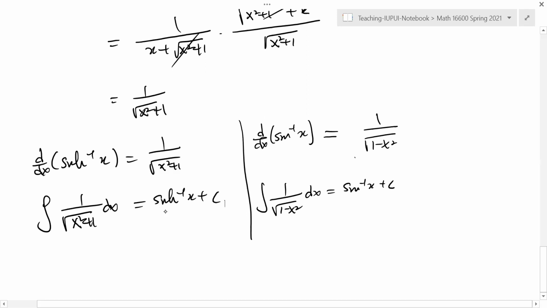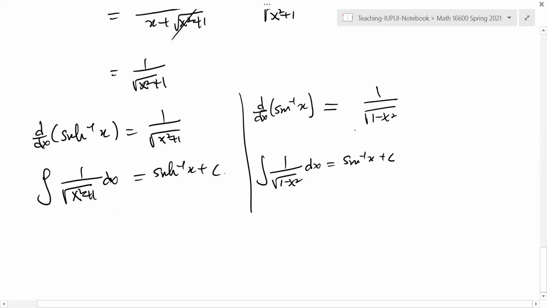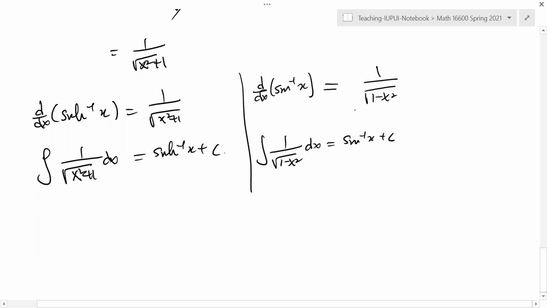So there's a corresponding one here. But we find the formula for the derivative of the inverse sine x using the formula for the derivative of the inverse function. Well, here we did not use that formula.